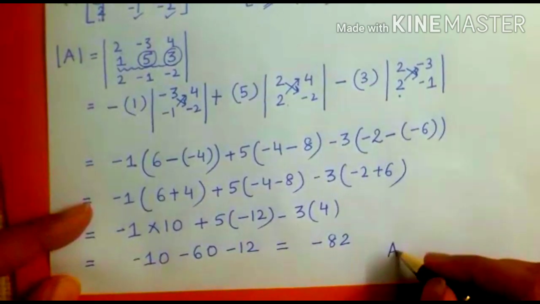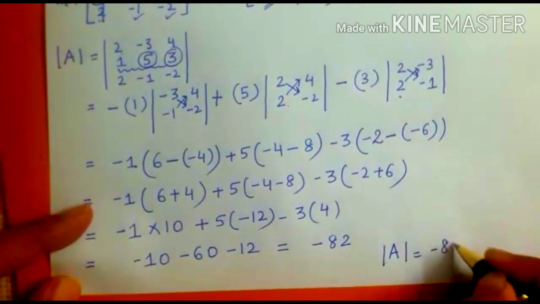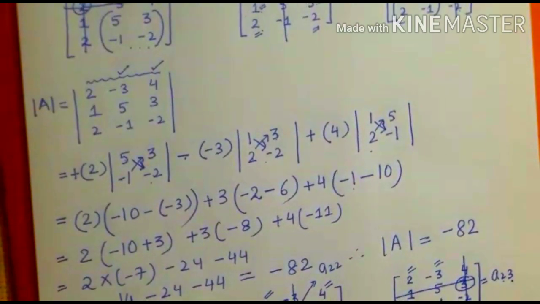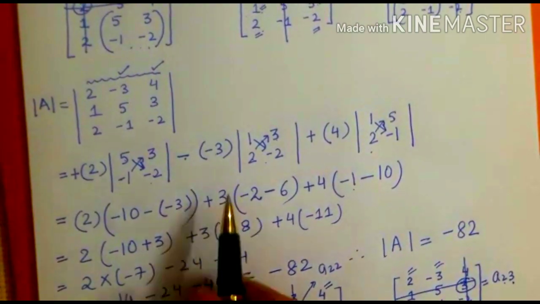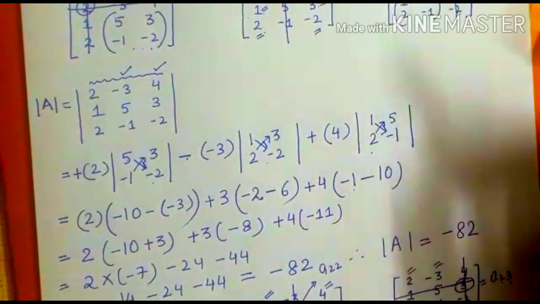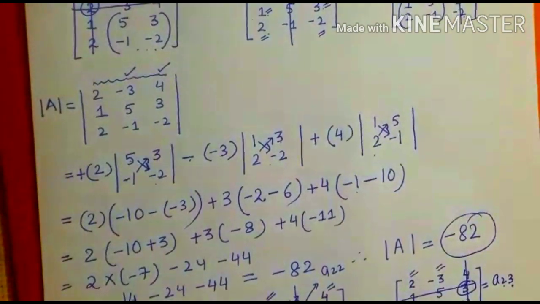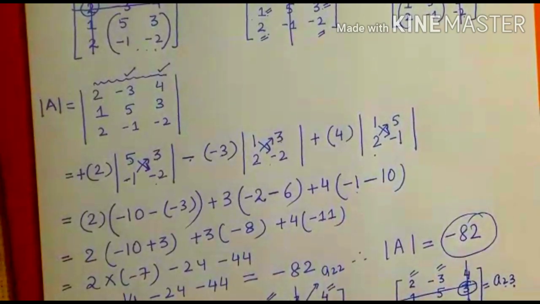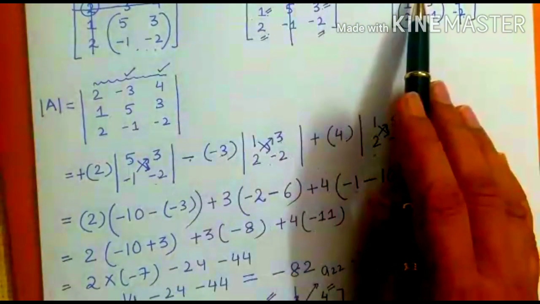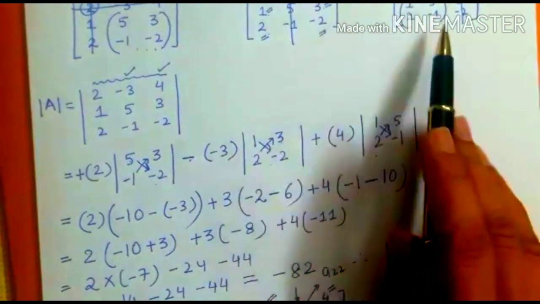So determinant is minus 82. You can see whether we expand the determinant along the first row or the second row, value of the determinant in both the cases is same. So you can expand the determinant along any row and any column.